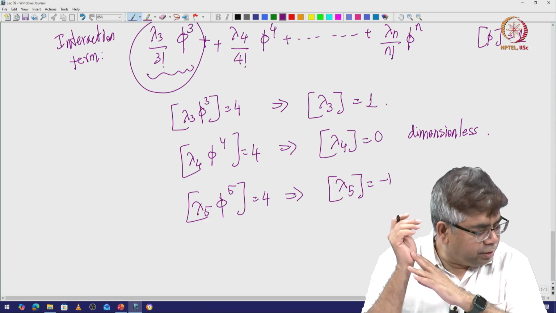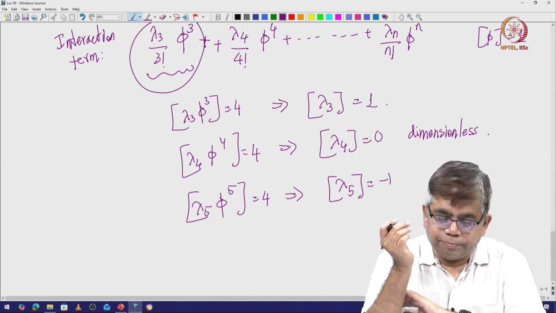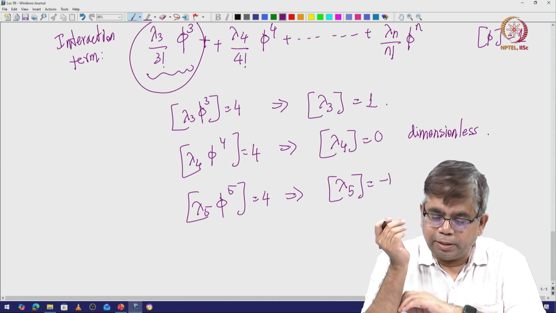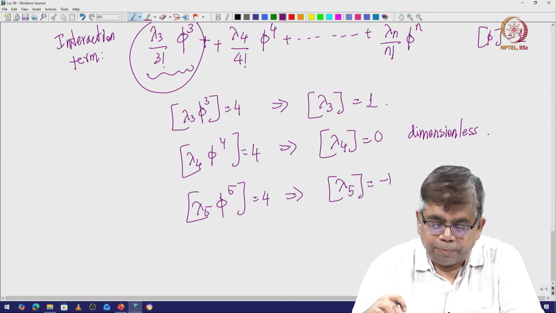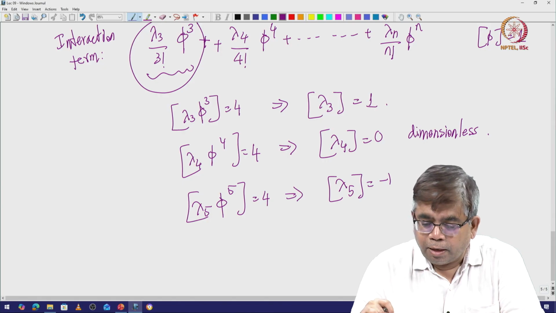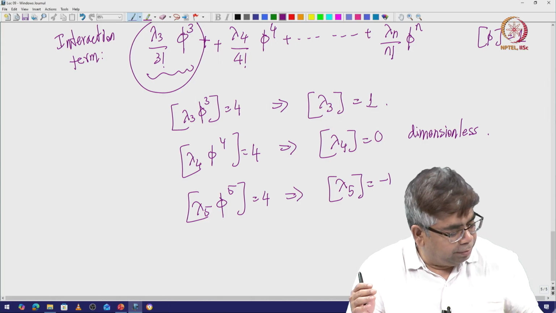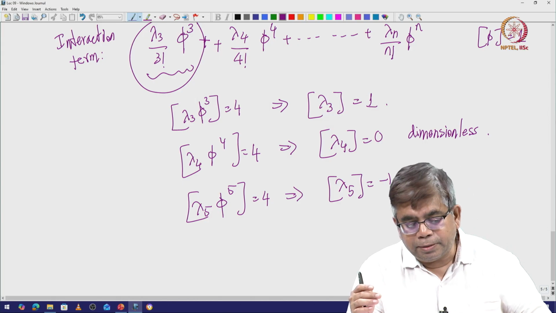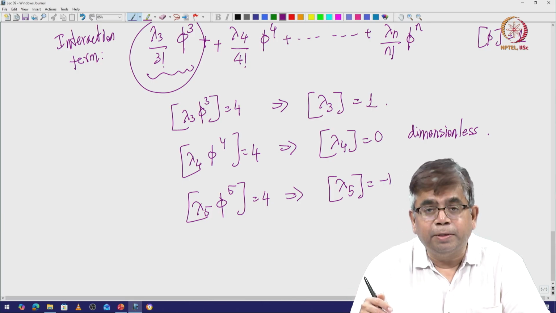So what is happening here is that, if a coupling lambda has a positive mass dimension, say, what it means is that at high energies, E greater than m, this term behaves perturbatively.